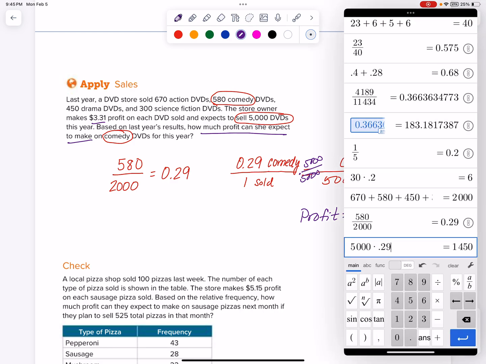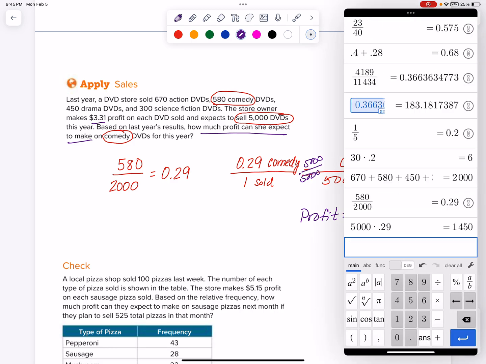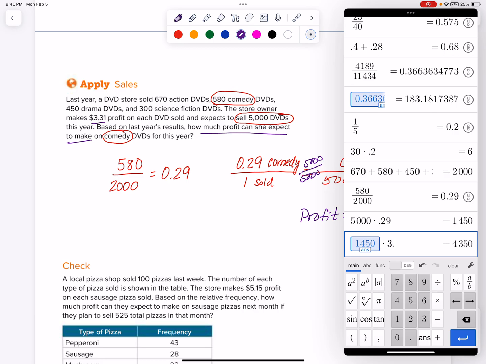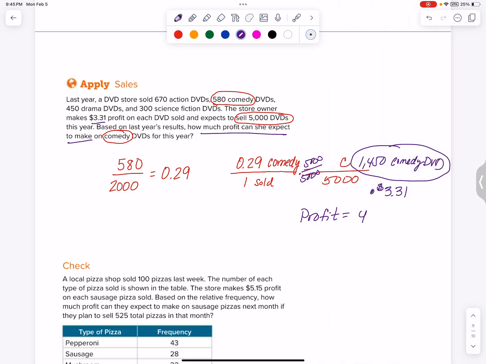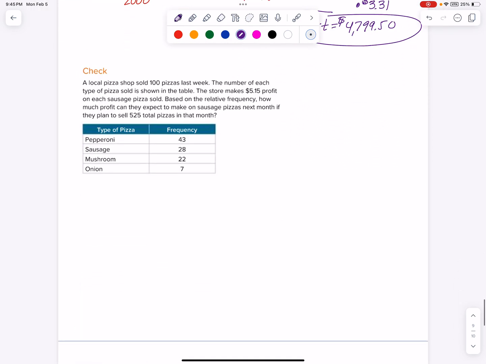Okay, so let's go ahead and take the answer times 3.31, and we have, ooh, that's a pretty good profit. 4799.5. It's money, so 4799.50. And we have a $4,799.50 profit just on those comedy DVDs. So pretty good deal. All right, let's go ahead and try this one out.